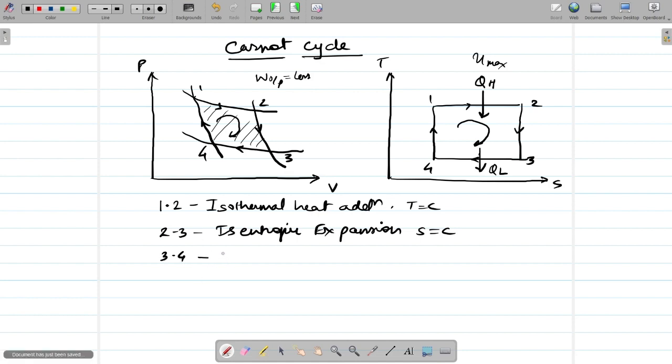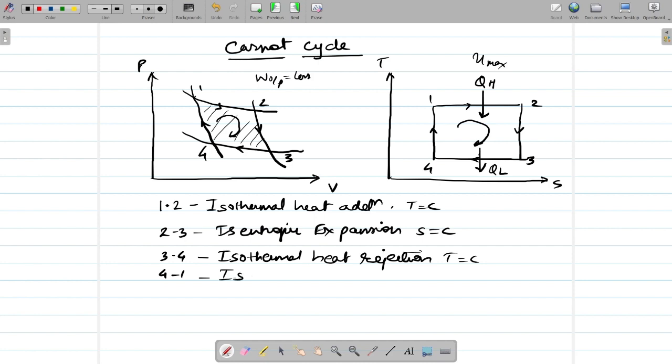Then 3 to 4 is the isothermal heat rejection, where temperature remains constant, and 4 to 1 is again the isentropic compression. So these four processes constitute the Carnot cycle.